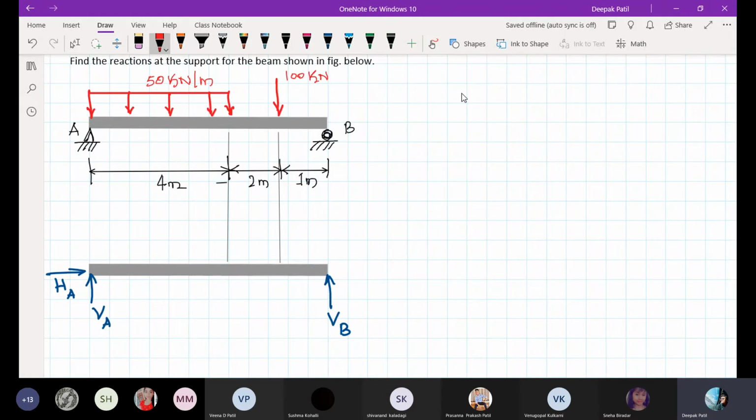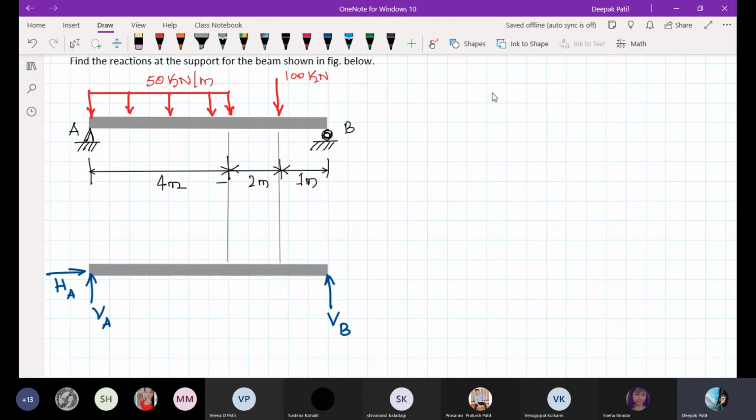The beam length is 4 plus 2 plus 1, that is 7 meters, but the UDL acts only for a portion of 4 meters. Hence your equivalent point load of the uniformly distributed load will not act at the center of 7 meters. Instead, it will act at the center of 4 meters, because the UDL is only for the portion of 4 meters.